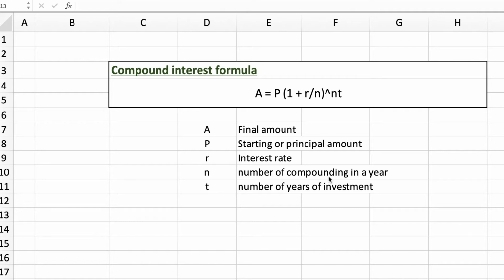So here the number of compounding is something some people find difficult. It's very simple. If it's annual, then the value of n will be 1. Some banks or agencies provide quarterly compounding. What does it mean? Let's say your amount is invested for 4 months, and after 4 months the interest that you earn is added to your principal amount.